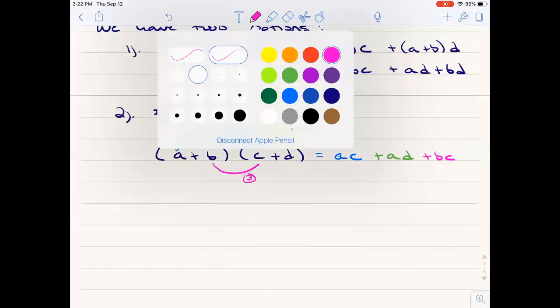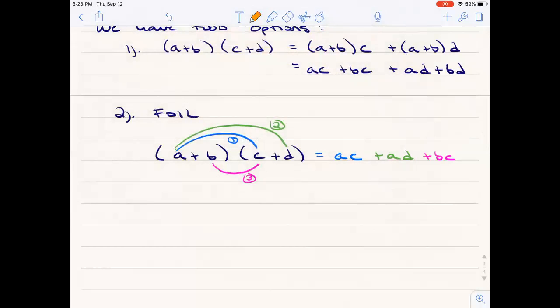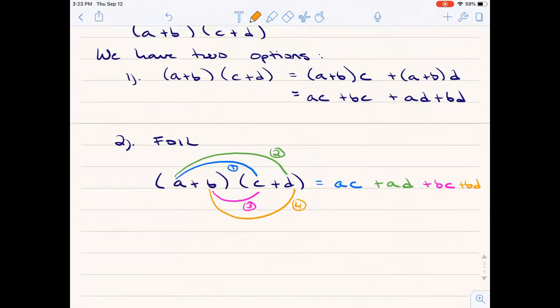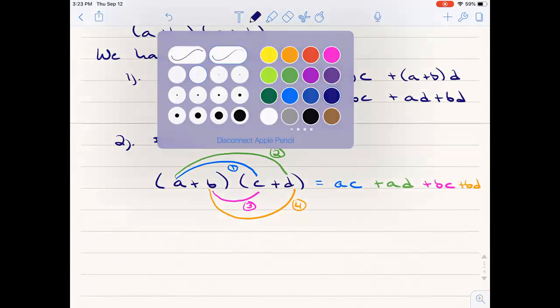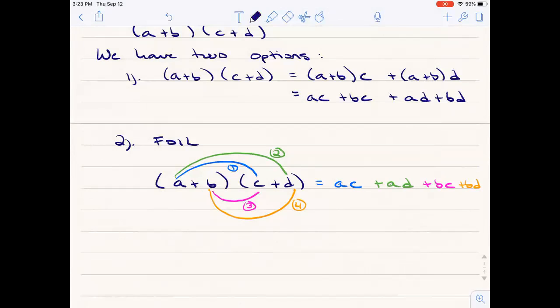And let's see if I have a color here. How about orange? I ran out of room too. B times D. They do the same thing, right? Of course.